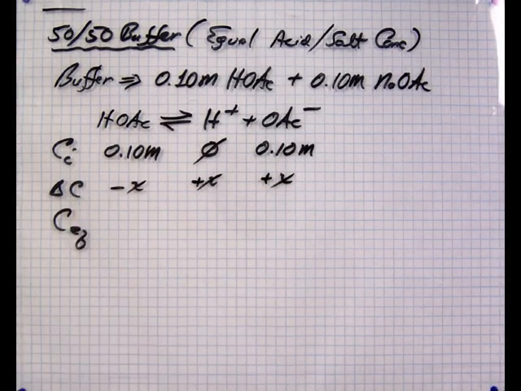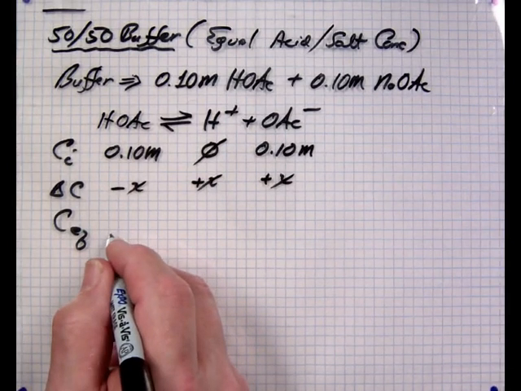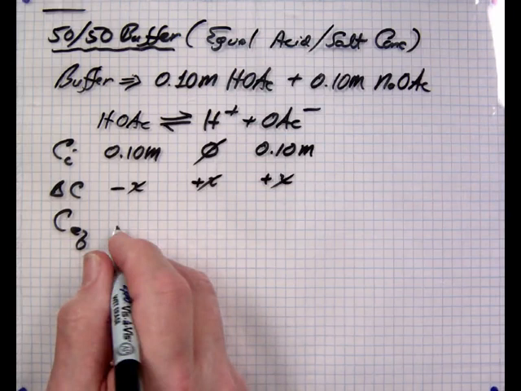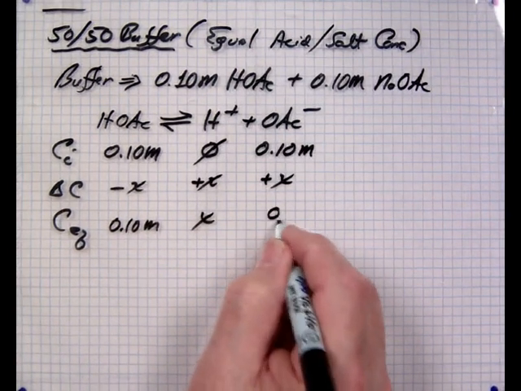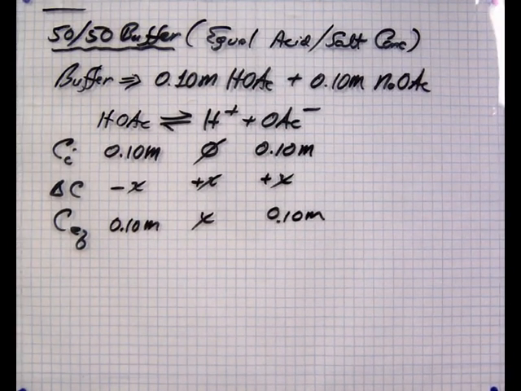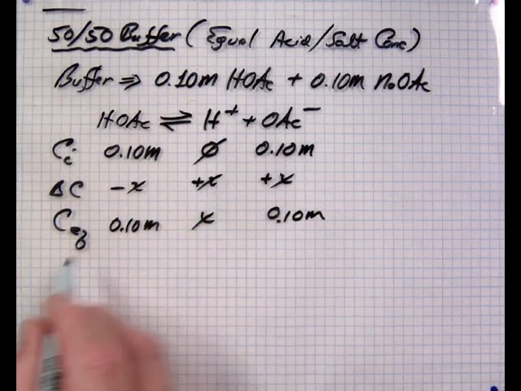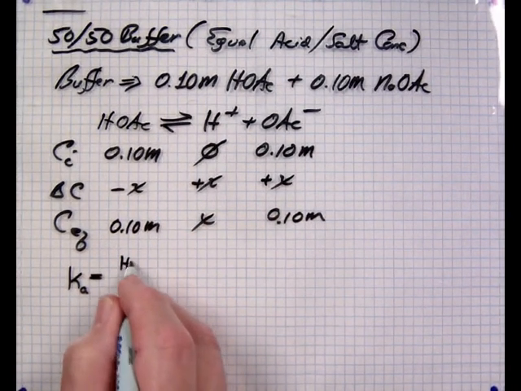You can drop the X because it's still very small compared to the amount of primary compounds we have, so it's 0.10 molar. I need to calculate what X is. Of course, it is the hydrogen ion concentration, calculated from the Ka expression.